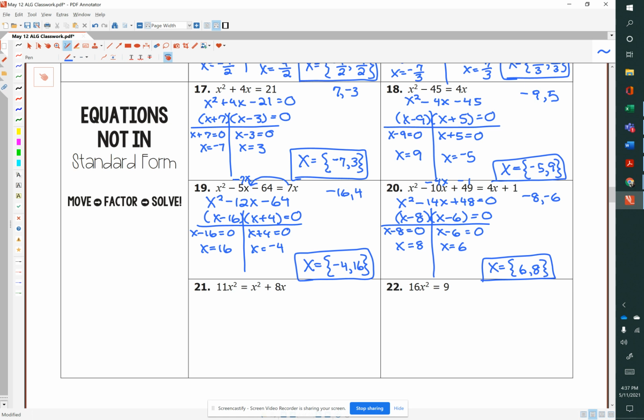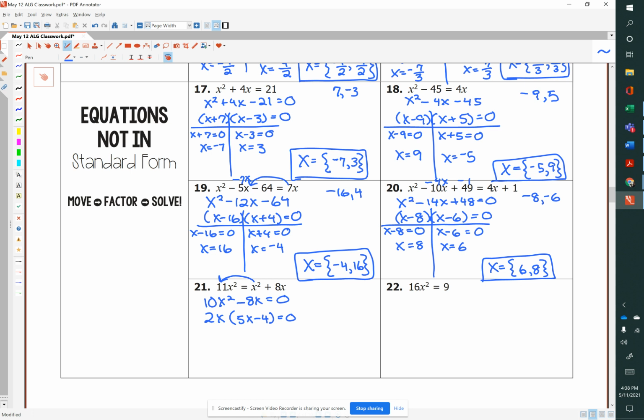And number 21, we do not have a constant, but we do have, when we move the 1x squared over to the left side, that's going to give us 10x squared because we will be subtracting 1. And when we move the 8x over, that would be a negative 8x equals 0. And then we'll just simply factor out 2x, which would leave us with 5x minus 4.